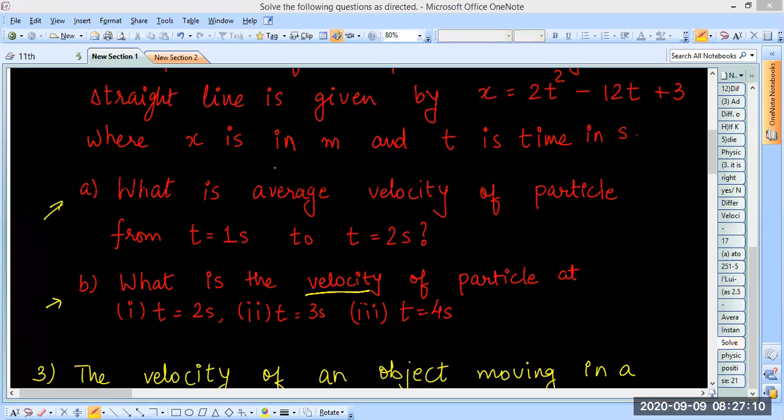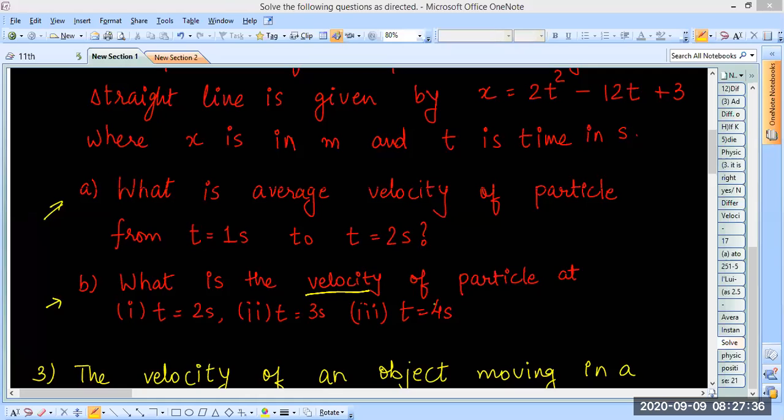Now, first of all, you all tell me we have to find velocity, right? So what formula should we use to find this answer? It's velocity, right? How do we find velocity? Okay, most of you know it. dx by dt.